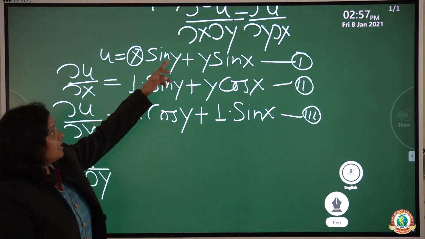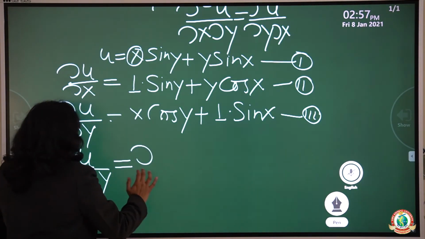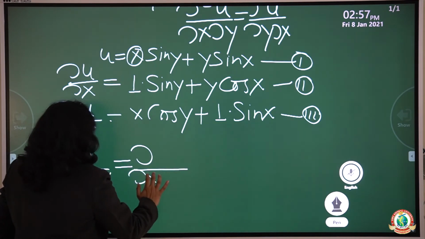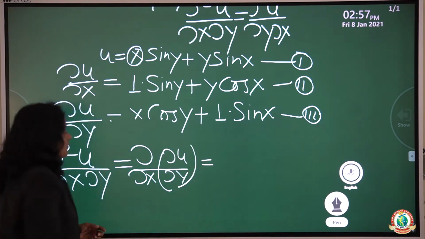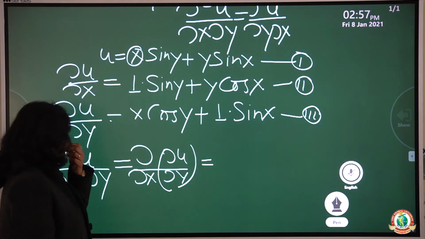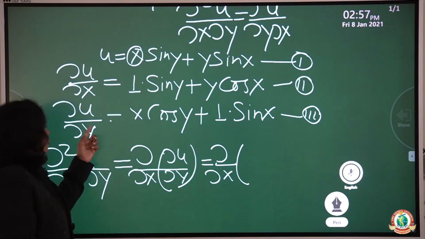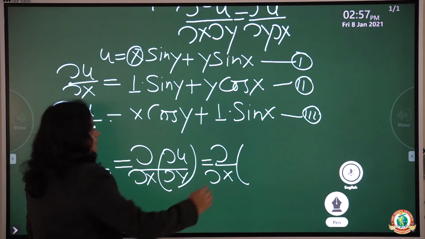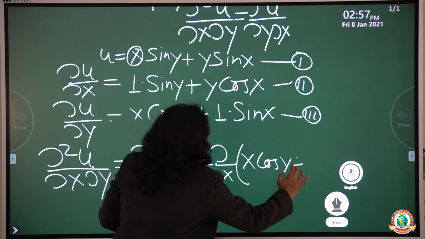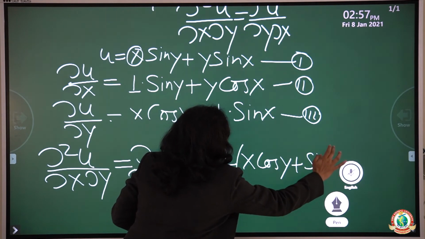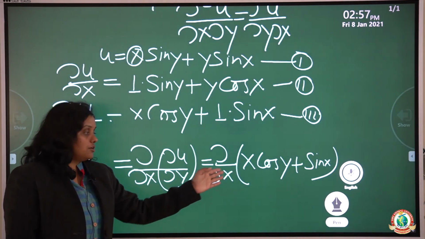This is the left hand side of our question, which is equal to del by del x of del u by del y. We put the value of del u by del y in this equation: del by del x, and the value of del u by del y is x cos y plus sin x. It means now we differentiate this value with respect to x.